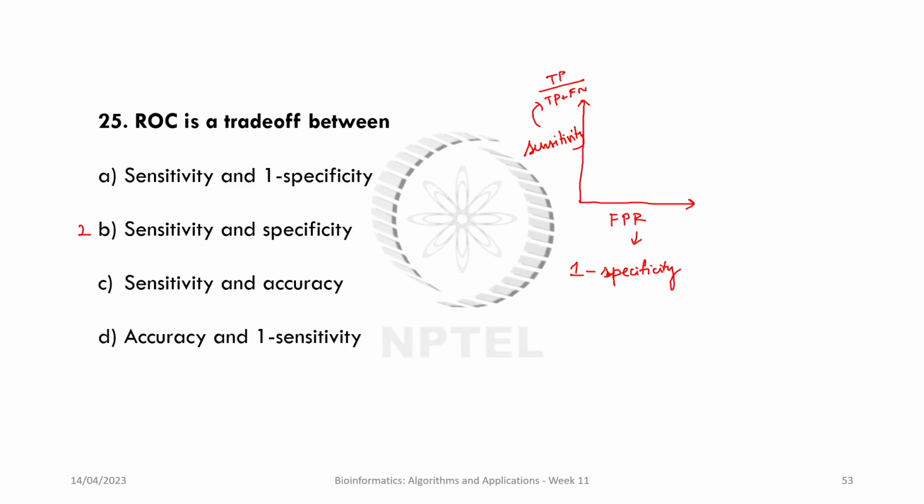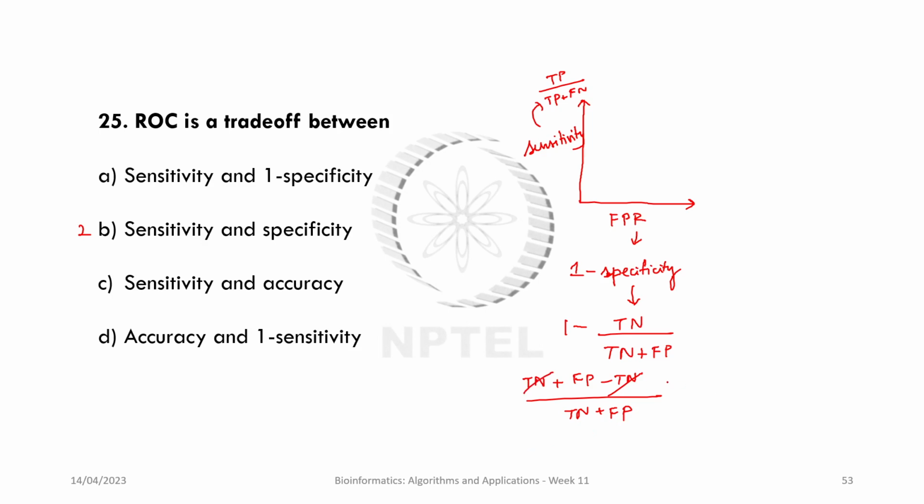Yes or no? What is specificity? True negative by true negative plus false positive. So when you do 1 minus that, what will it be? If I take LCM, true negative plus false positive minus true negative, divided by true negative plus false positive, right?